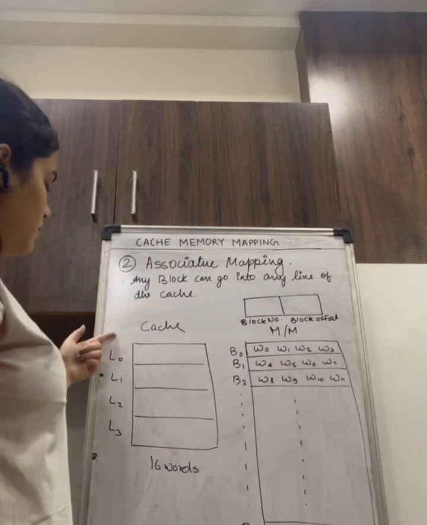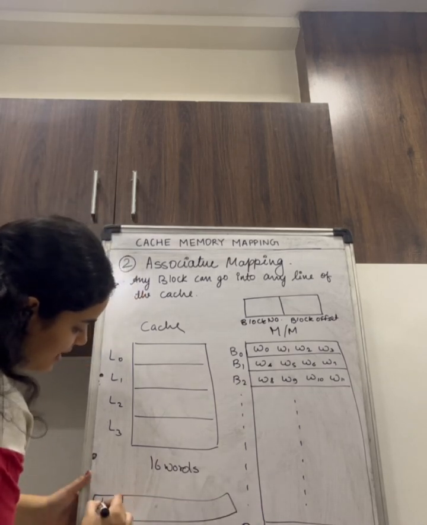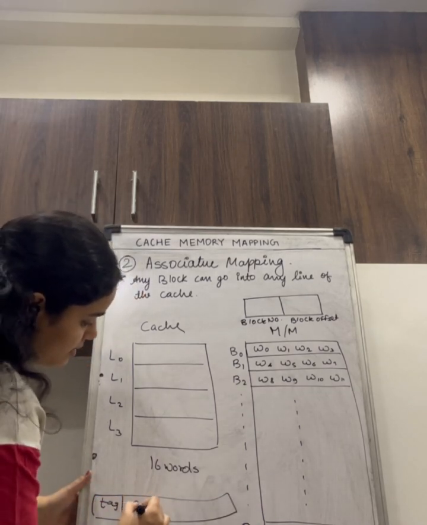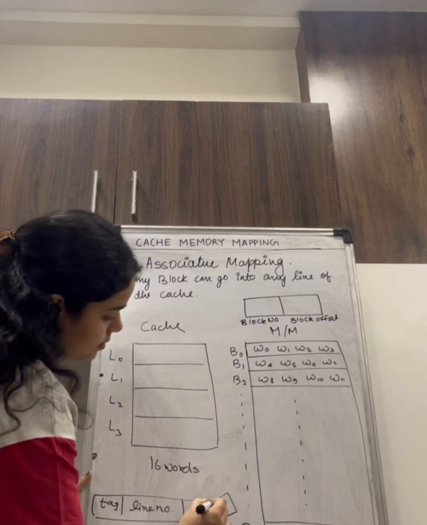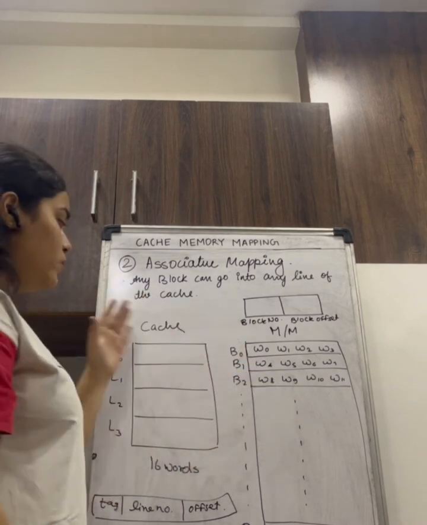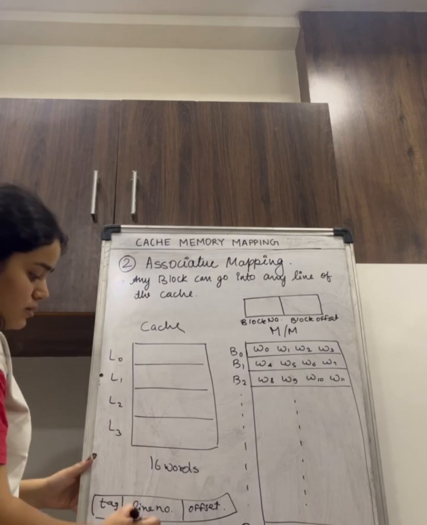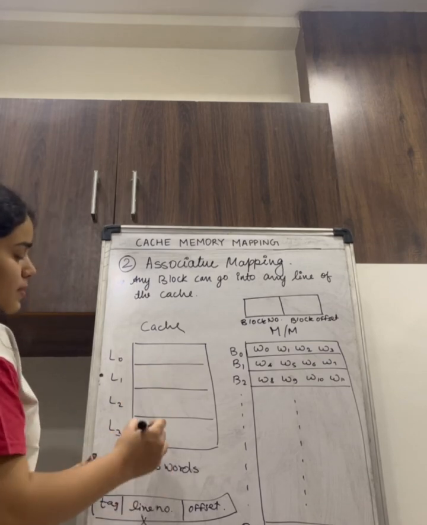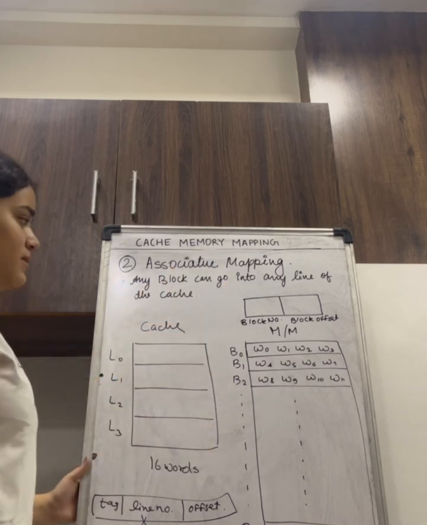When in direct mapping, we used to have tag, line number and offset. But here in associative mapping, the block can go into any line of the cache. So line number is not present in the address of the cache when it is associatively mapped.